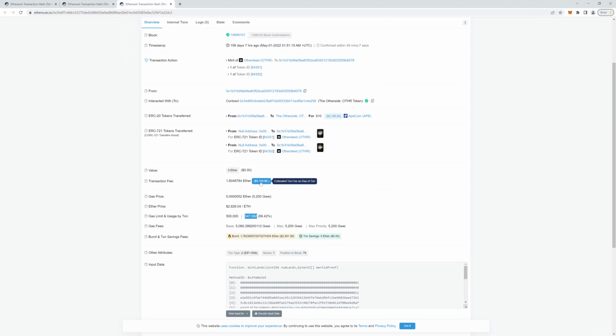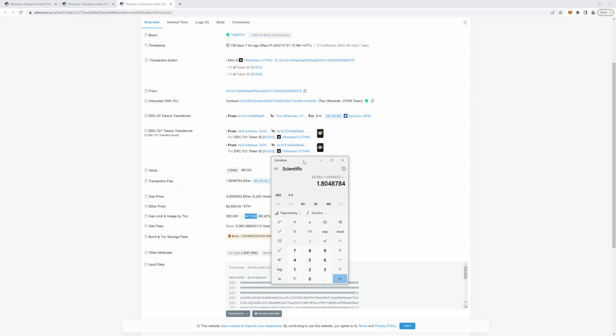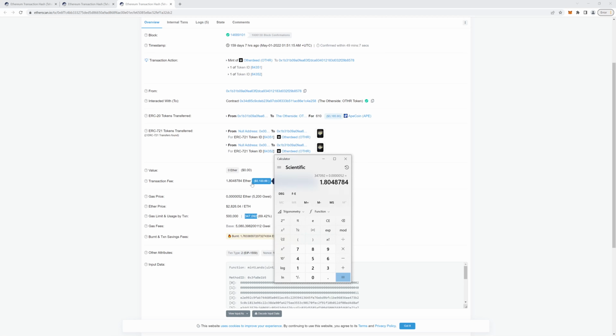But if I click it, on the day of the transaction, it costs $5,100 because 347,092 units used times 0.0000521 8. See the number? This one and this one.